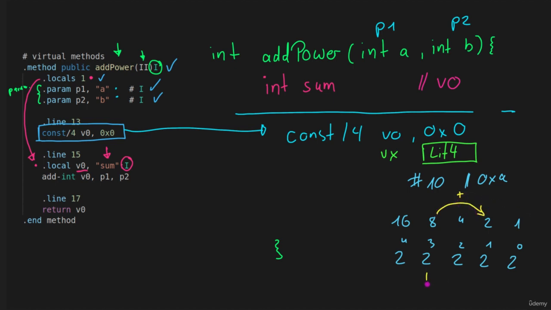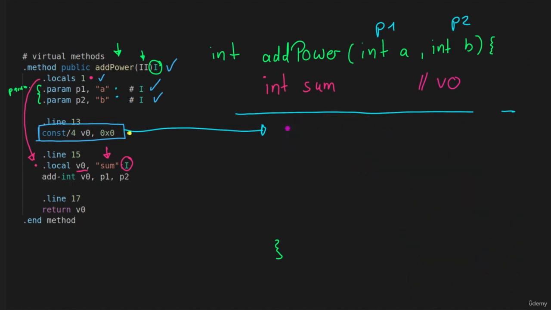Therefore, those 2 bits are set and the rest isn't. This is the binary representation of the number 10. And if you take a look into this, we can see, yes, this number fits into 4 bits. So we can also store the number 10 with this instruction over here into the register V0.